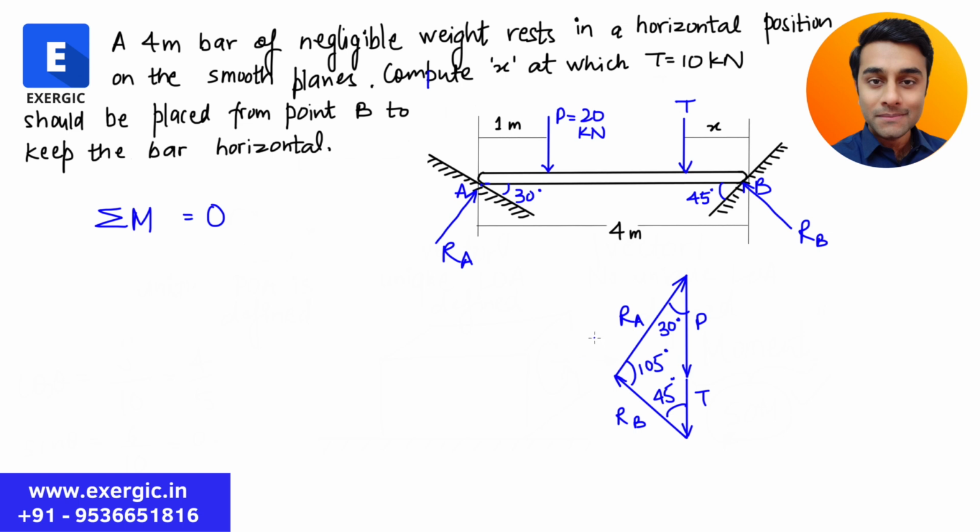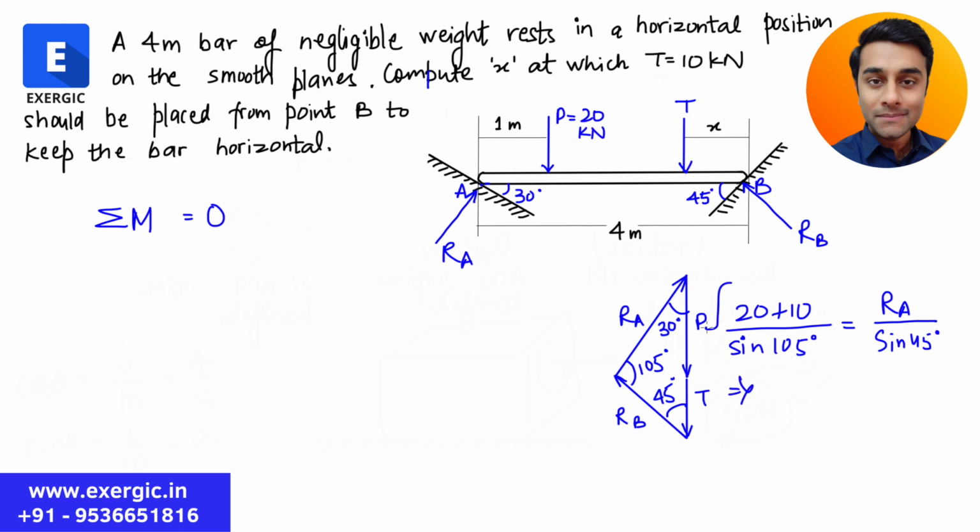So let us do that. Let us apply Lami's theorem for this force polygon. According to that, this side, which is P plus T in magnitude, P plus T divided by sine of the opposite angle, which is 105, should be equal to RA divided by sine of the opposite angle, which is 45, right?